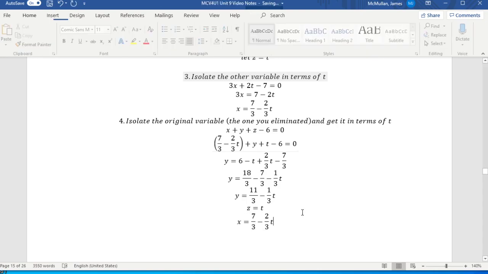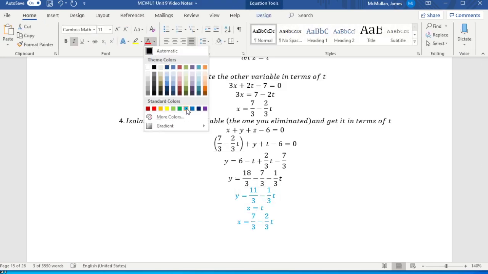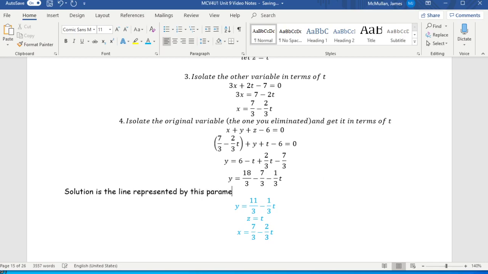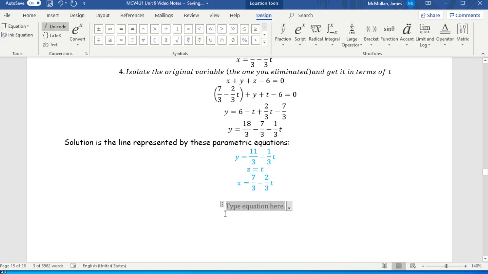What I just created is the parametric equations of a line, and the solution is the line represented by these parametric equations. Let's write it in vector form, and then we can draw it.